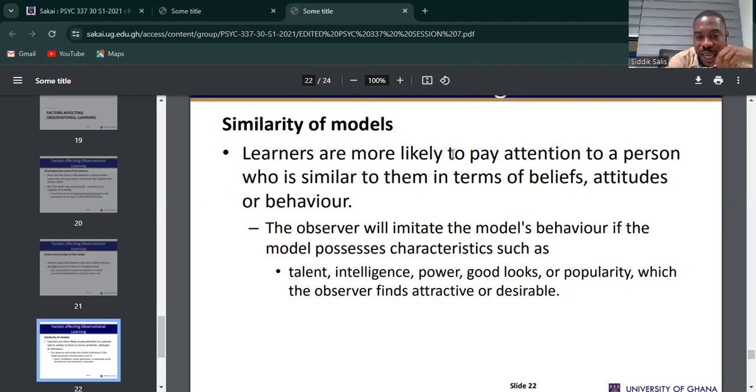So learners are more likely to pay attention to a person who is similar to them in terms of beliefs, attitudes, or behavior. The observer will imitate the model's behavior if the model possesses characteristics such as talent, intelligence, power, good looks, or popularity, which the observer finds attractive or desirable.